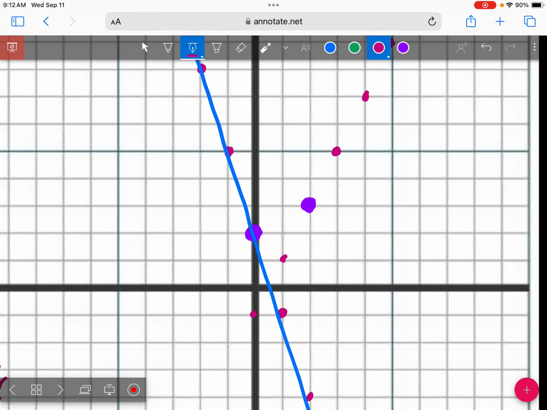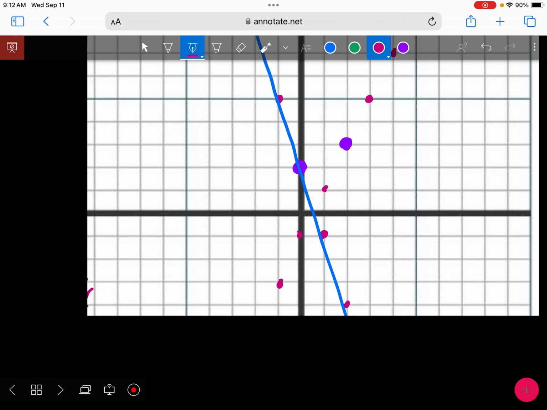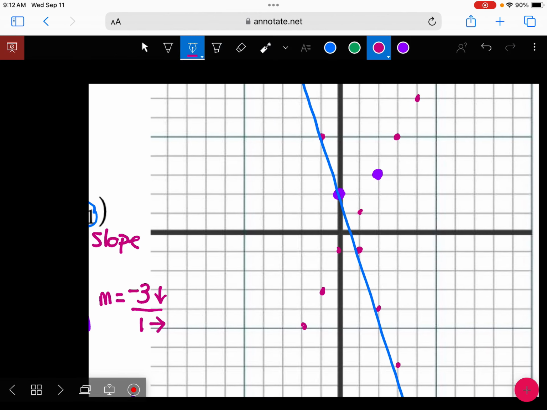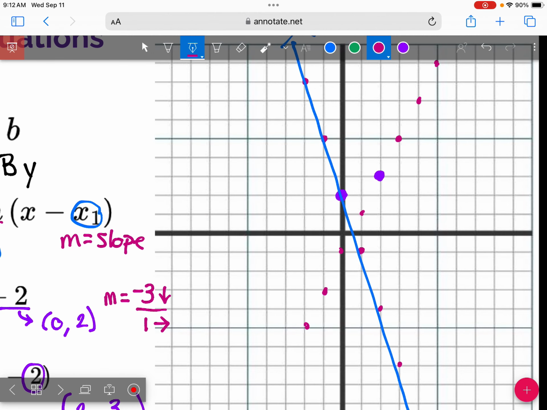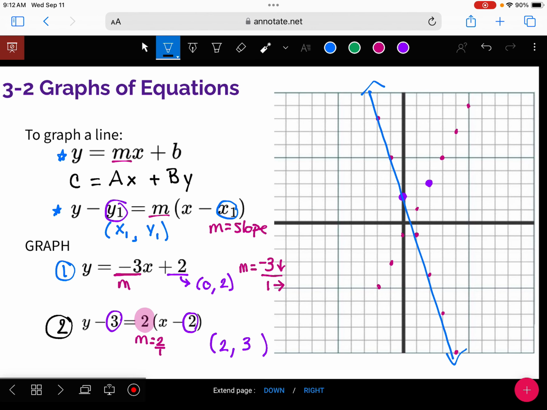Again, these are straight lines. We're going to use a ruler. The more dots you put, the easier it is to get your line to be straight. When we're graphing lines, you need to use some sort of straight edge. It is not going to be a humongous thing we do. We're not going to do tons and tons of lines, but it will happen occasionally.